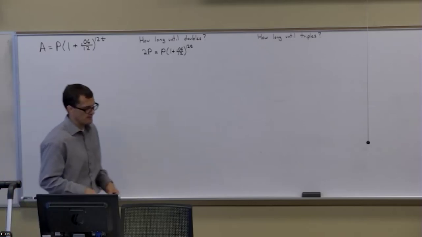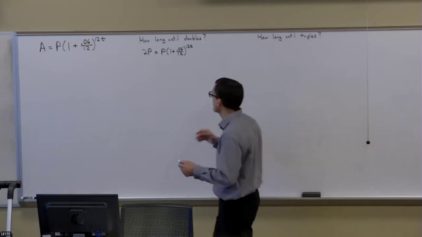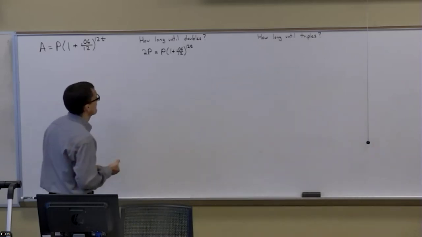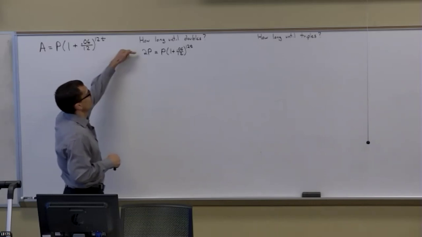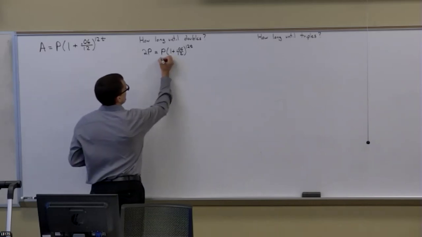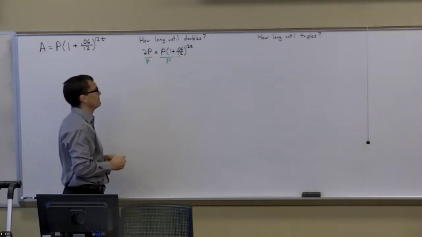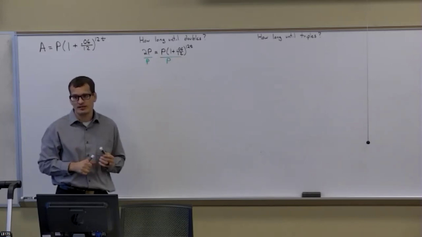All right, let's go through the steps for doing this. Some people are done, some people aren't, but that's all right. So the first thing I would do in an equation like this is I would divide both sides by P. Now, notice that that step becomes really uninteresting really quickly.